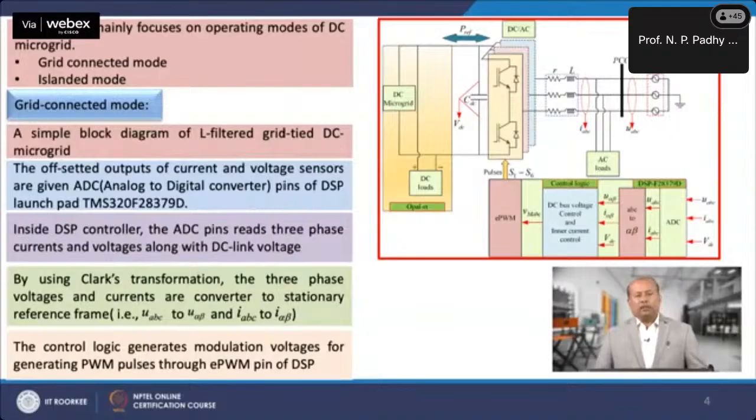Inside the DSP controller, the ADC pins read the three-phase currents and voltages along with the DC link voltages. By using Clarke's transformation, the ABC components can be converted to alpha beta components. Further, the control logic generates modulation voltages for generating PWM pulses through EPWM pins of the DSP.